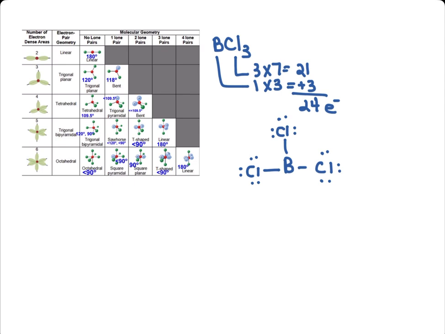So I'm going to examine the center atom, which is boron, and I want to count the electron groups around the central atom. 1, 2, 3. So steric number 3 with no lone pairs correlates to trigonal planar. So I'm going to go ahead and draw the trigonal planar shape.